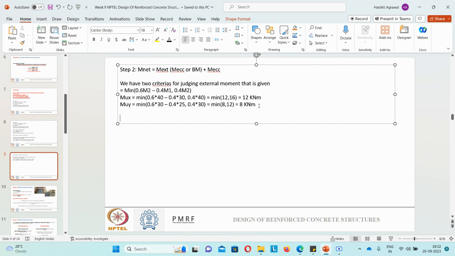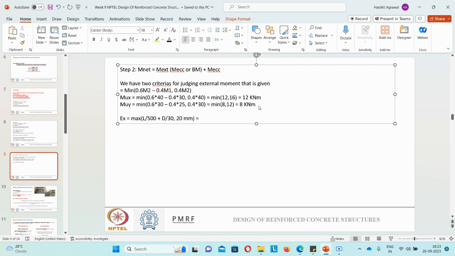We first need to calculate the external eccentricity. Ex, the eccentricity along the x direction, is given by L upon 500 plus D upon 30, and that should be greater than or equal to 20 mm, when we are talking about a slender column. So eccentricity is nothing but the maximum of these two values.